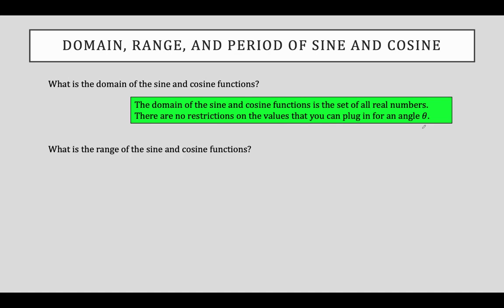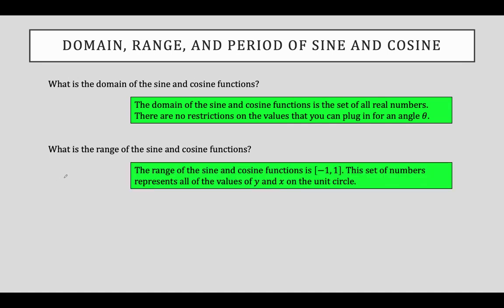What is the range of the sine and cosine functions? Recall that range refers to the outputs of our function. What do we get out? And the range of the sine and cosine functions is from -1 to 1, including both of those endpoints. This set of numbers represents all the values of y and x on the unit circle.